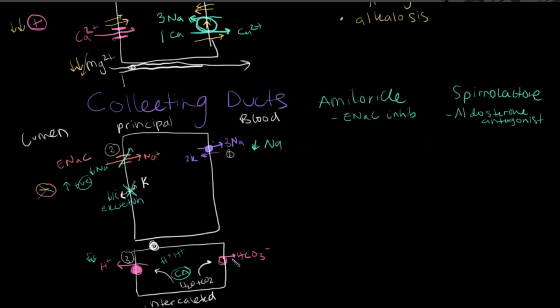So therefore, this bicarb is not going to be made, it's not going to be absorbed into the blood, because it's going to be here taking up this hydrogen ion. So what you get is a decreased bicarbonate absorption and a decreased sodium reabsorption. And essentially, the effect of not absorbing bicarb is to put the pH up.